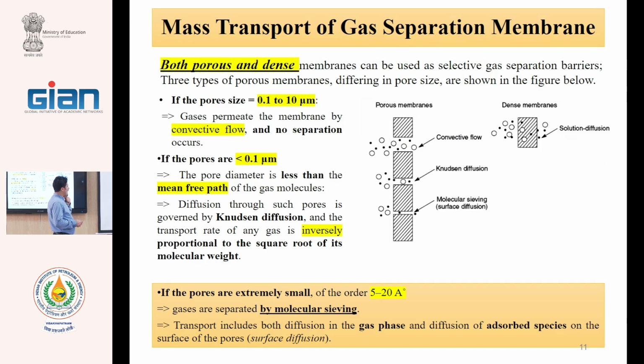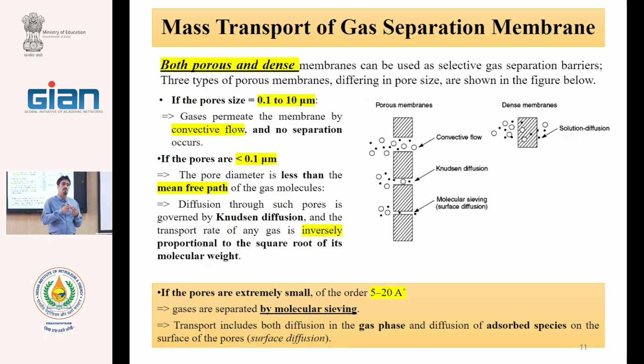For molecular sieving, mostly the pore size is extremely small. For molecular sieving, the pore size should be 5 to 20 angstroms, maximum 2 nanometers.